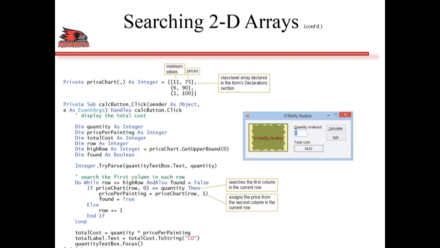And so the code is that once you've defined all your variables, you take the quantity entered from the text box and have a do while loop. There's a variable called high row, which gets the upper bound of the row, and while the row you're looking at is less than or equal to high row, and we have a boolean variable called found, if that's false, then look at the corresponding value in minimum value.